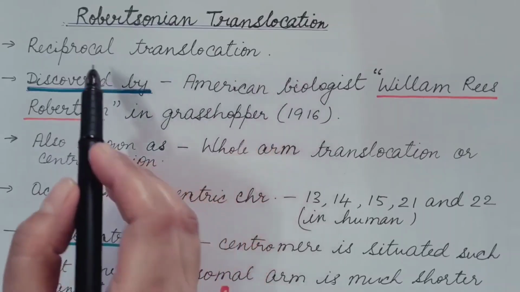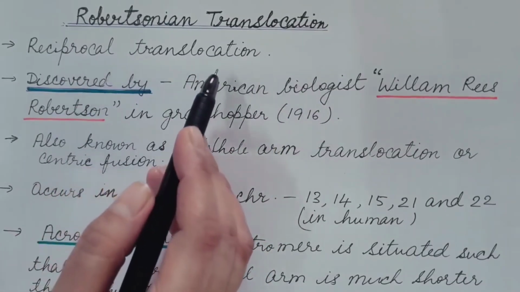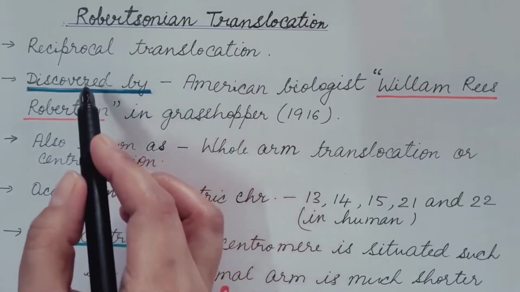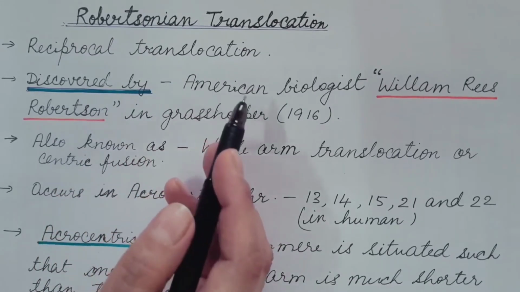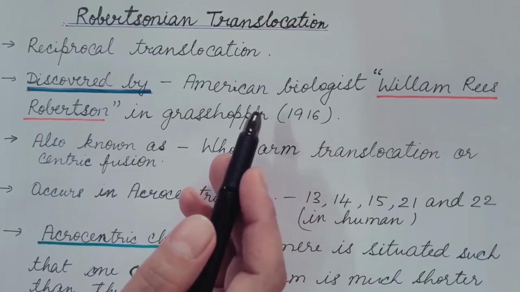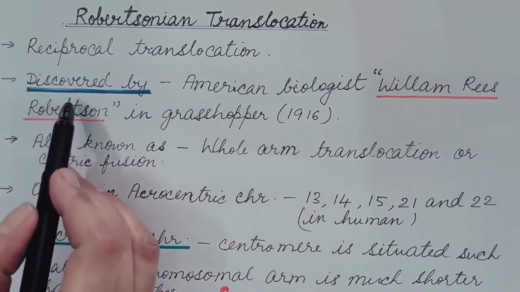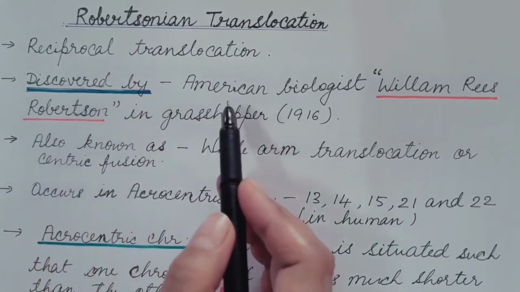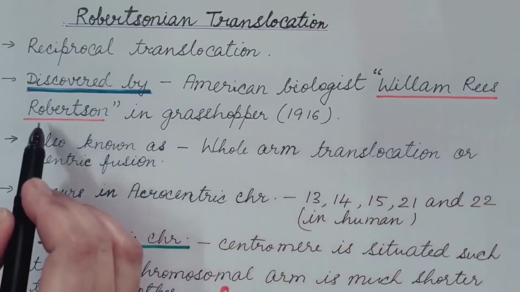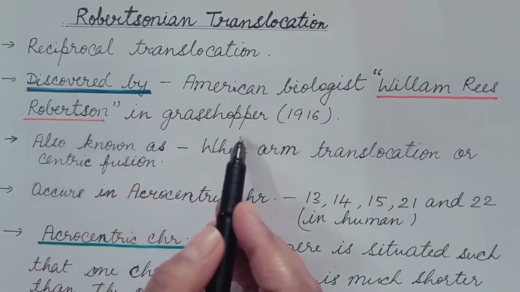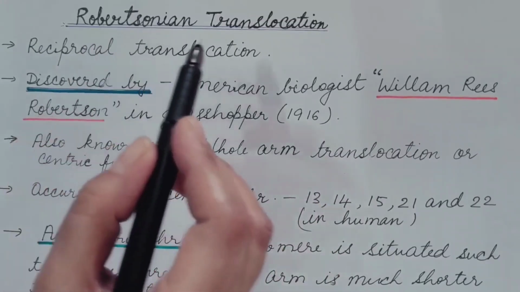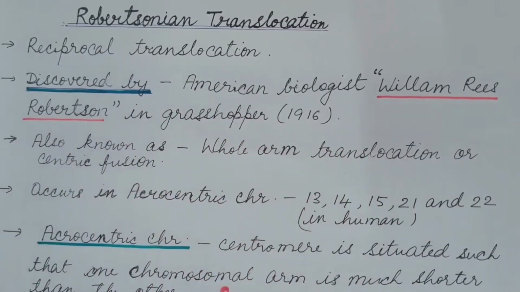Robertsonian translocation is a type of reciprocal translocation. We have already discussed reciprocal translocation in the translocation video. You can refer to that video to understand it better. This Robertsonian translocation was discovered by American biologist William Rees Robertson in grasshopper in 1916, hence the name Robertsonian translocation.